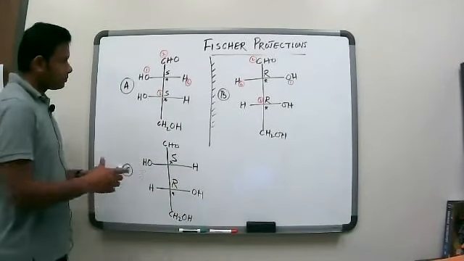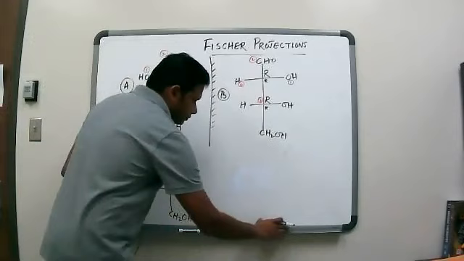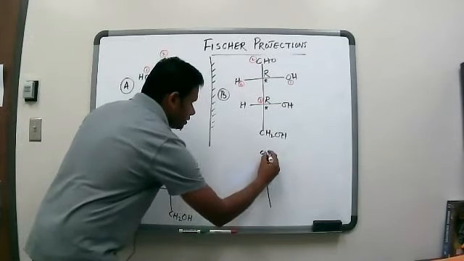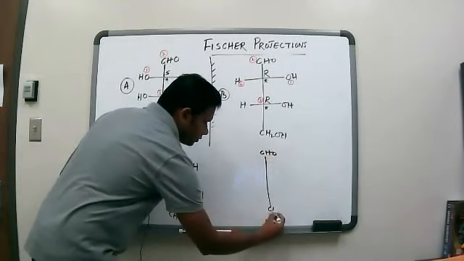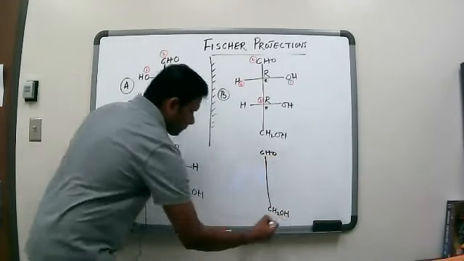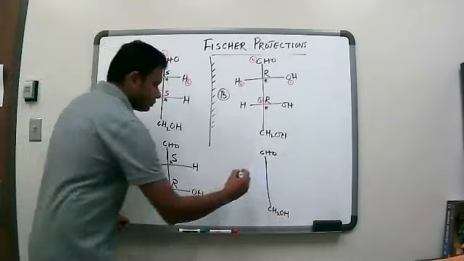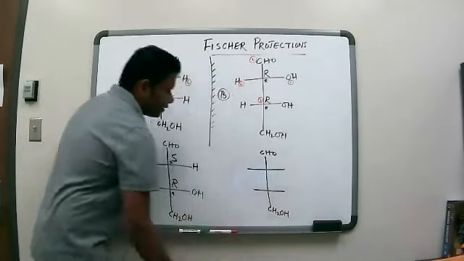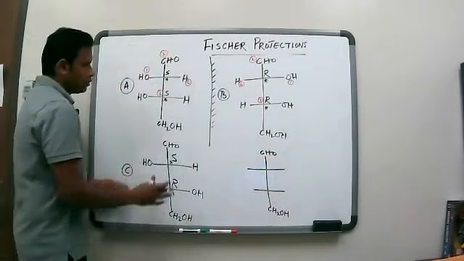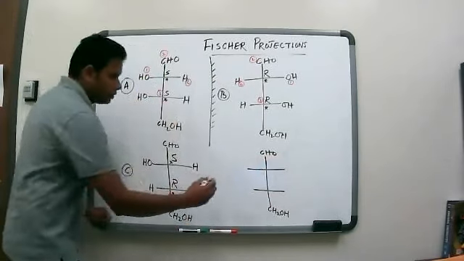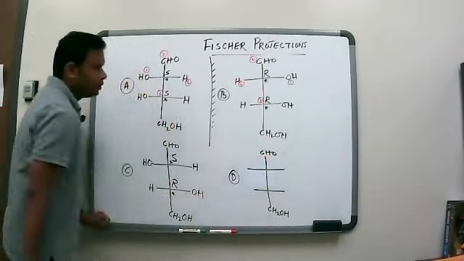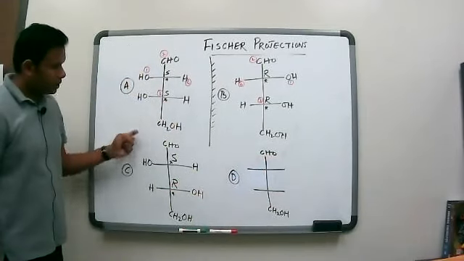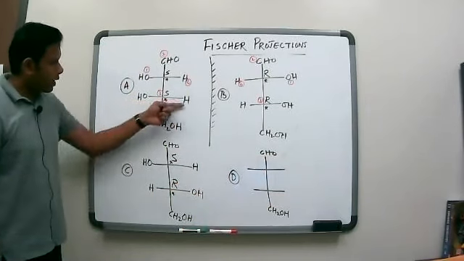Okay, so, and let's say we draw another one, CH2OH. And now what we're going to do is, relative to the first one, this is D, relative to the first one, we're going to keep the bottom half the same.